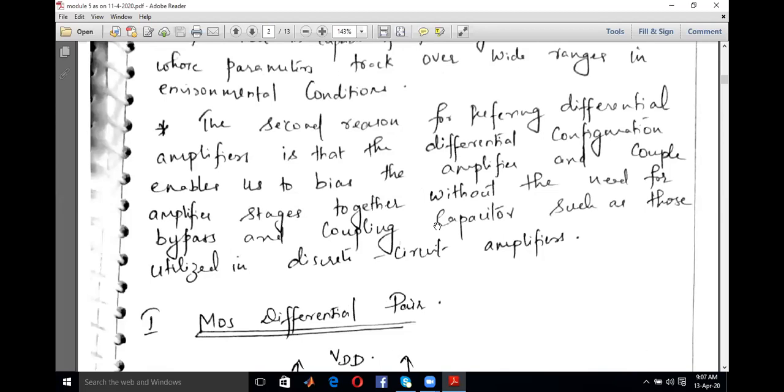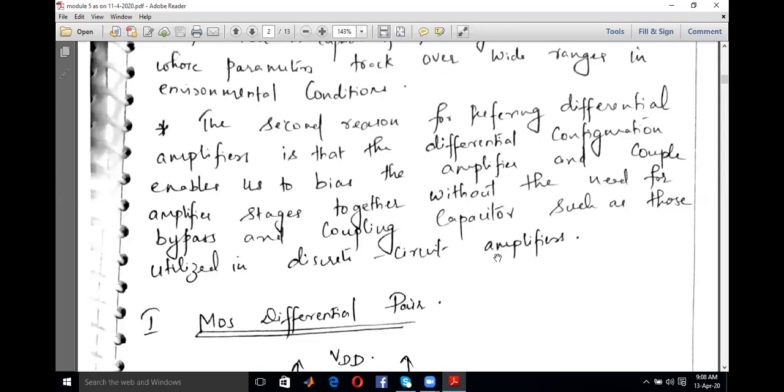But in order to couple one stage to another stage, normally we go for coupling capacitors. But in this differential amplifier, we are not using any coupling capacitors or bypass capacitors. Instead, direct coupling takes place between the two stages. So that is the advantage of using this differential amplifier when compared to conventional discrete circuit amplifiers.